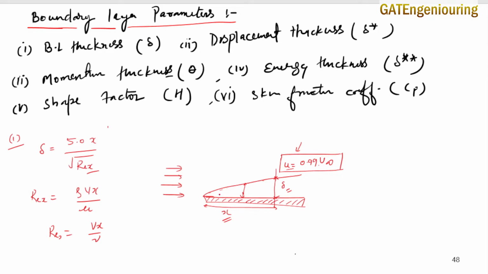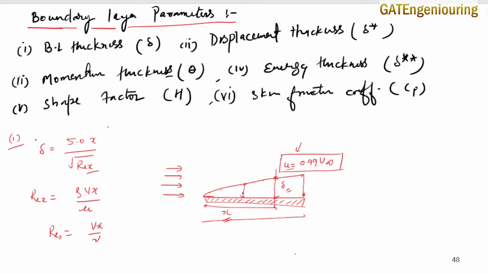At different distances it has a different value because it is a function of this x length. Over the complete length of the plate it is maximum at the end. And it depends on whether it is going to be a laminar boundary layer, a turbulent boundary layer, or falling in the transition zone, so it depends on the Reynolds number.